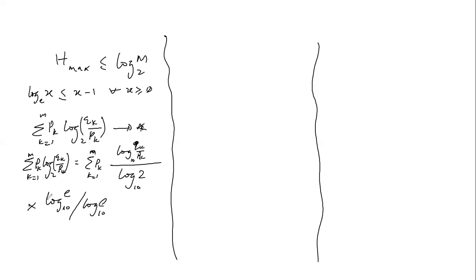Let me write it nicely. Here's base 10. So now I want to scale this whole expression by log e base 10 divided by log e base 10. So doing this, I have not altered anything. What I have here is still the same. This divided by this is still 1.